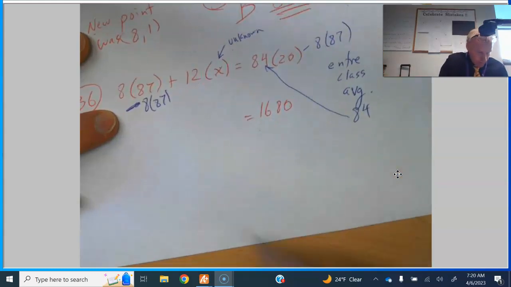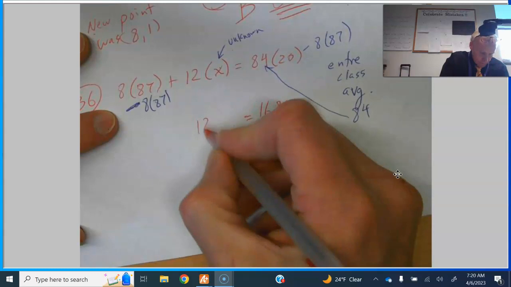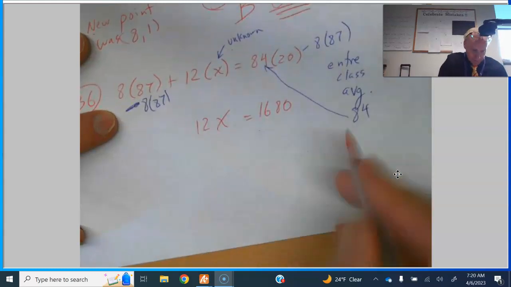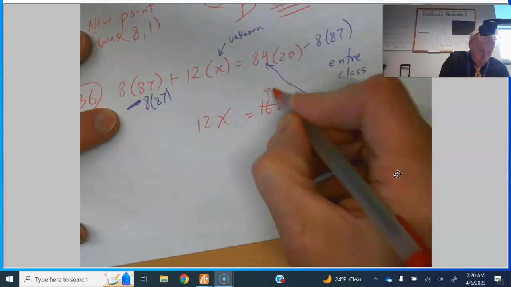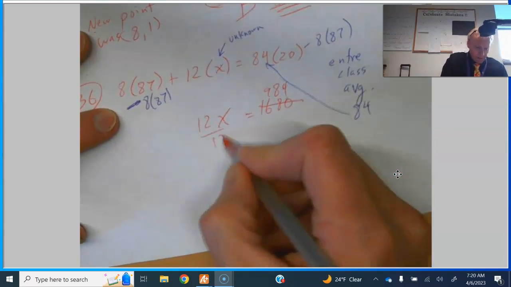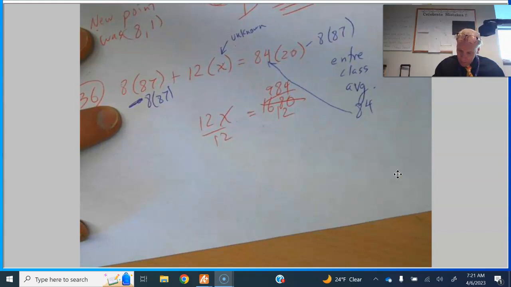And I am going to get 12x is equal to 984, and then I'm going to divide by 12. 82.